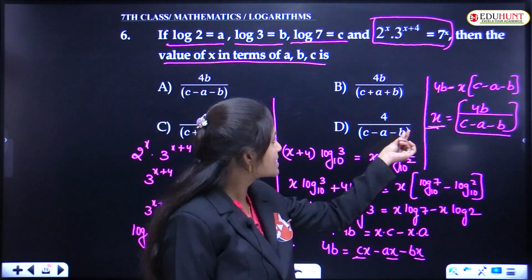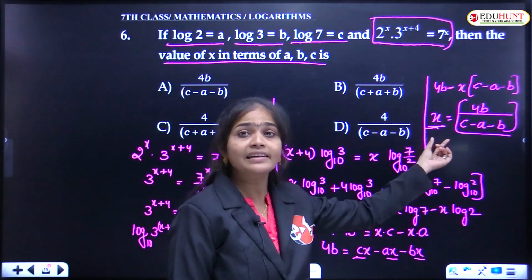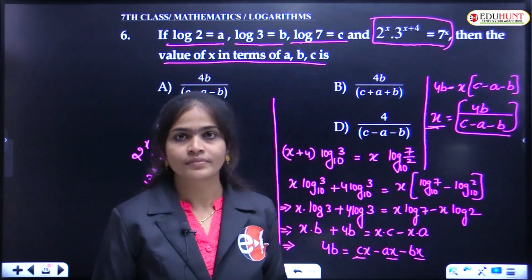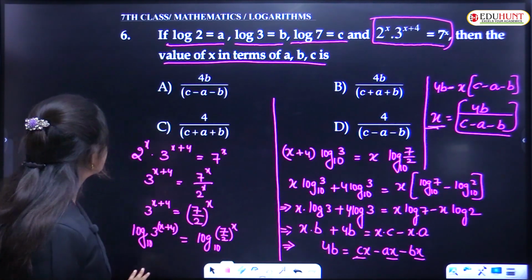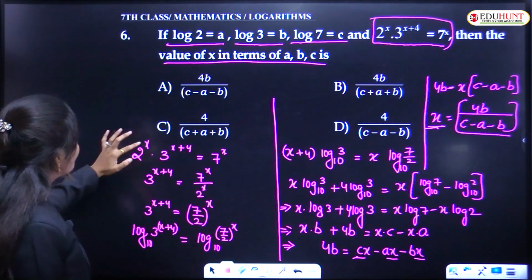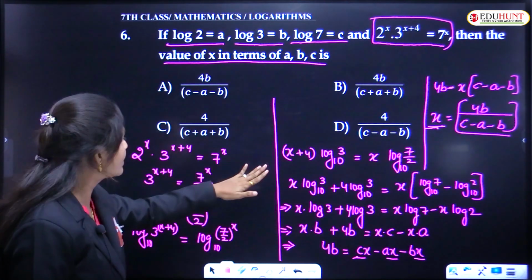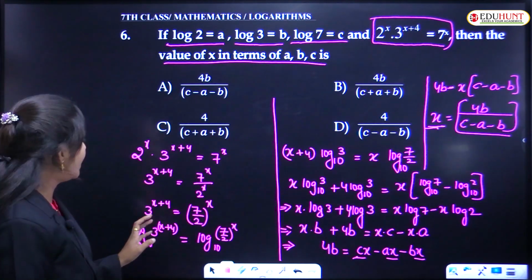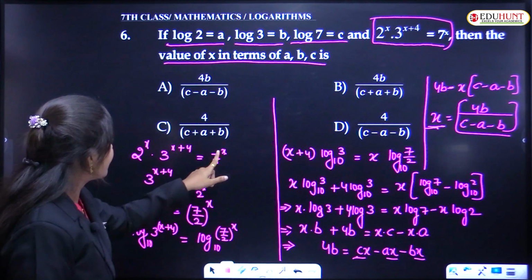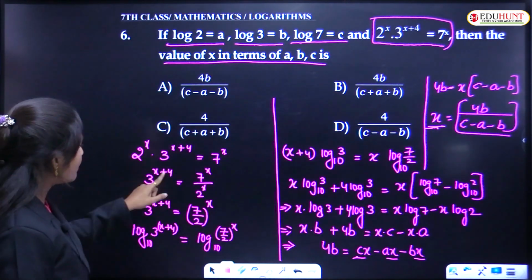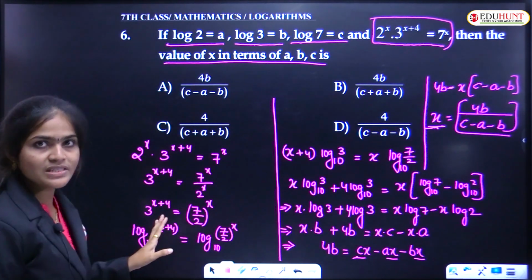Okay. So what are they asking? What is the value of x in terms of a, b, c? Okay, children, once again: here first we took 2 power x into 3 power x plus 4 is equal to 7 power x. Since x is there on both sides, we took the division form.